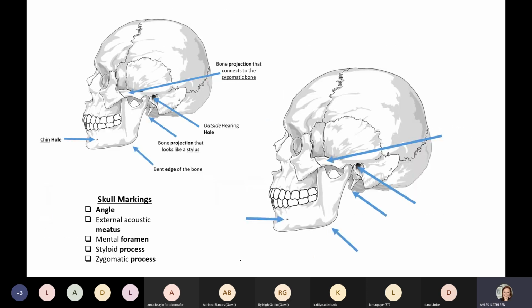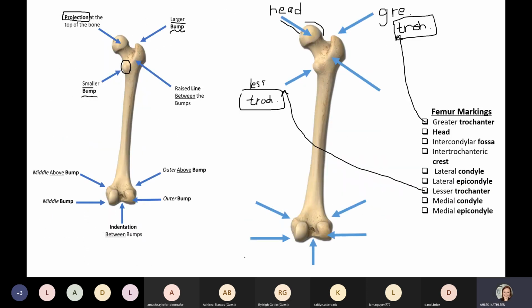Let's go back to our femur. When we talk about my line, so I've got a raised line that's in between my bumps, that's what we call the intertrochanteric crest. So this crest word means a line.